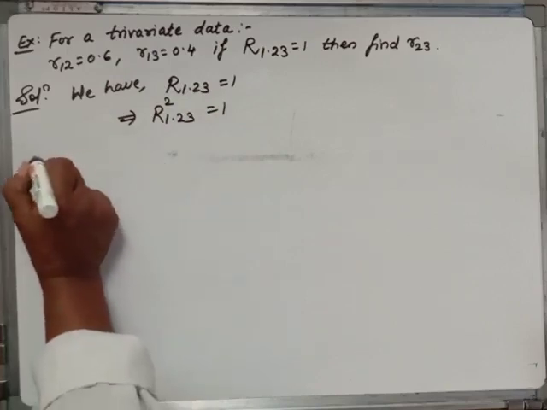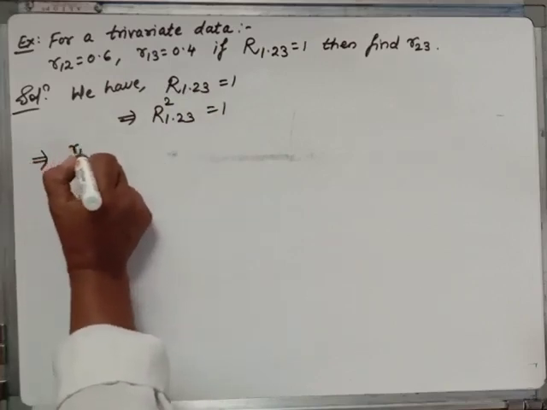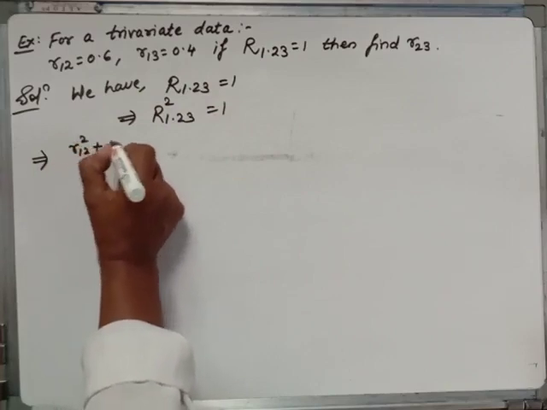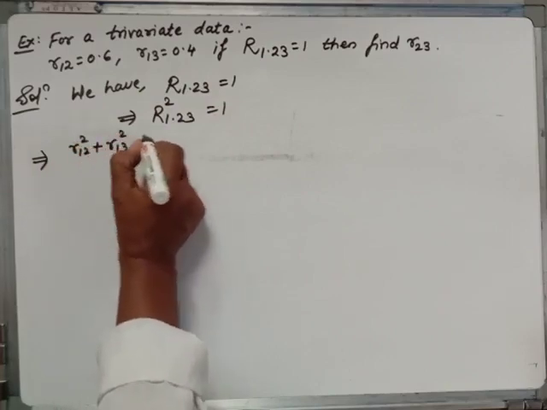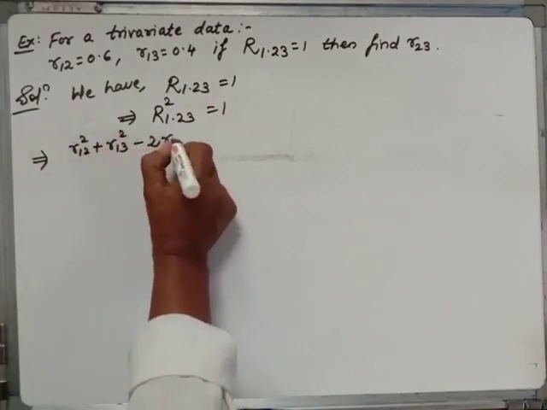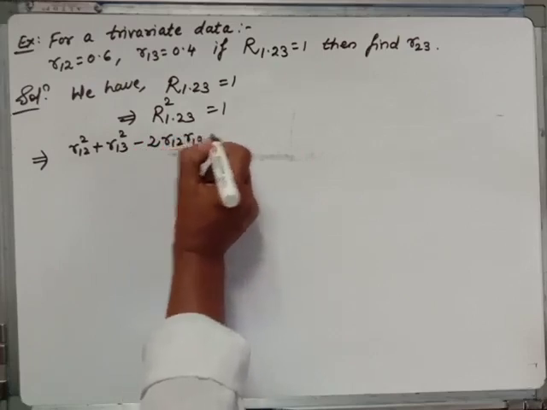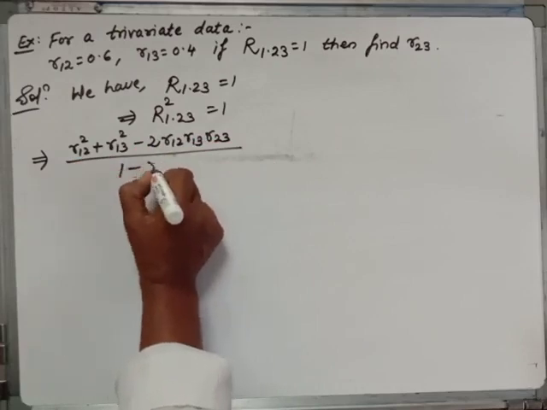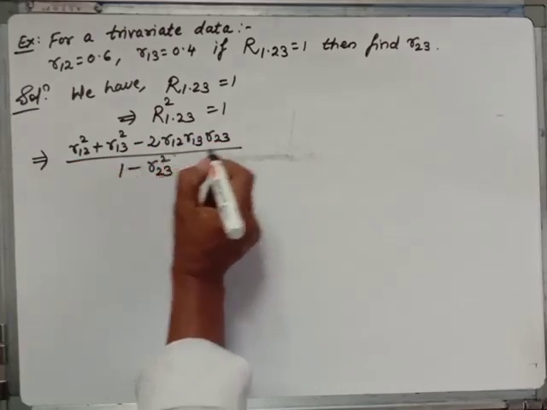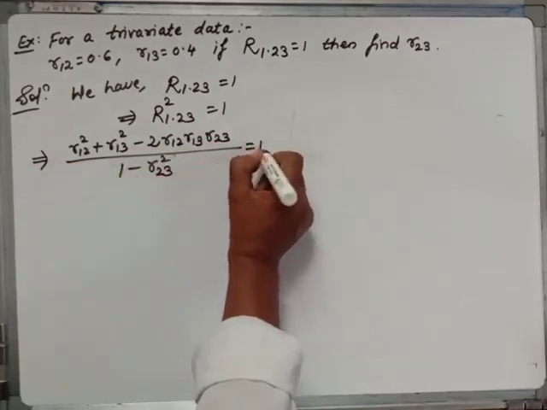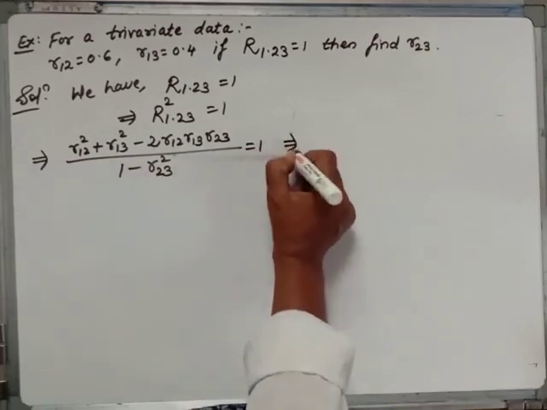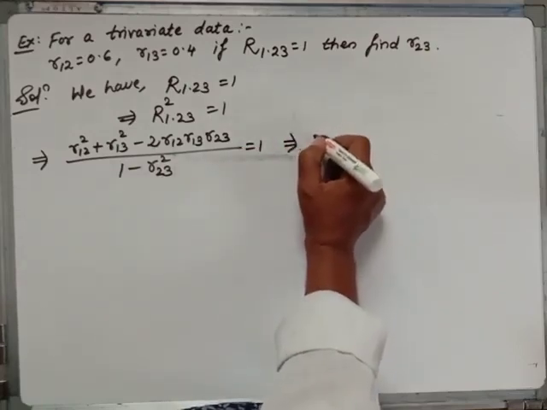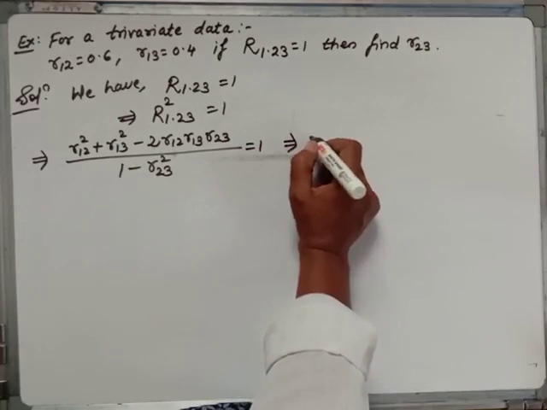So it gives us R12 square plus R13 square minus 2R12, R13, R23 upon 1 minus R23 square, and that is equal to 1.